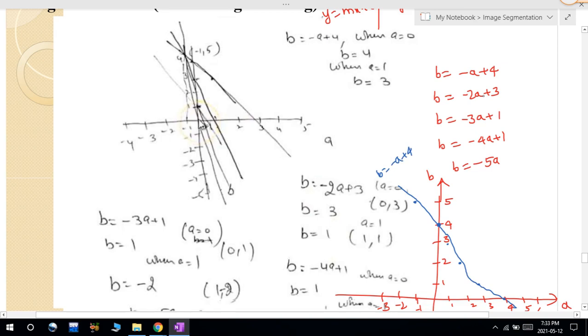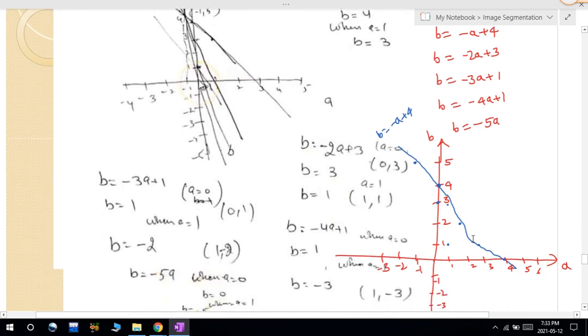Next, minus 2a plus 3. Whenever I draw this one, a value 0 means b value 3. And a value 1 means b value is 3 minus 2, that is 1. A value 2 means minus 2 into 2, so minus 4 plus 3, that is minus 1.